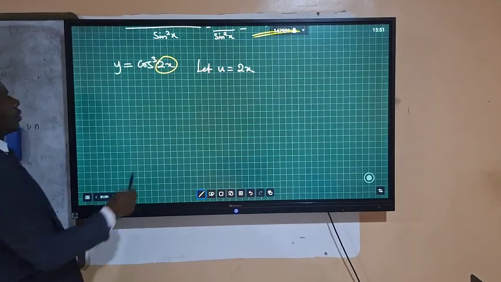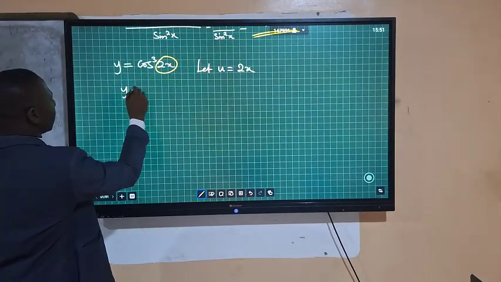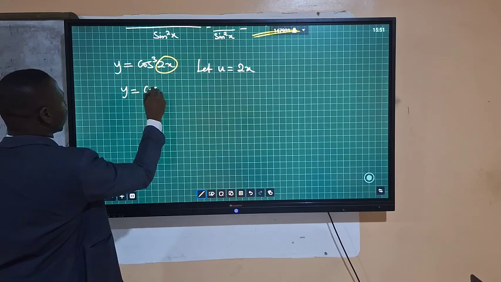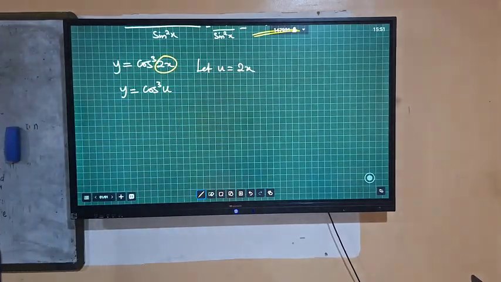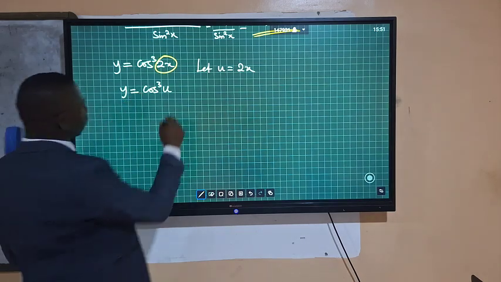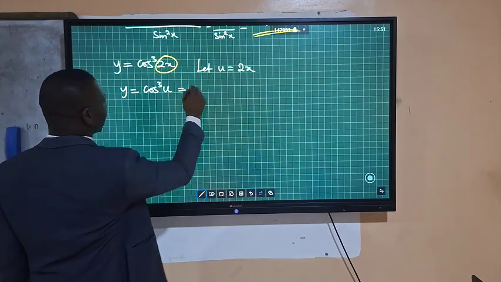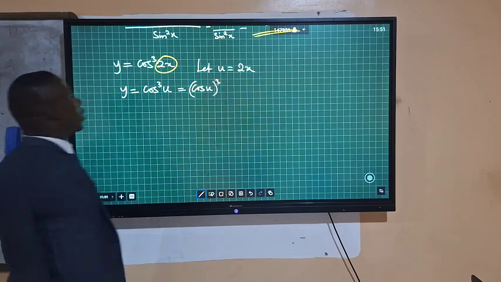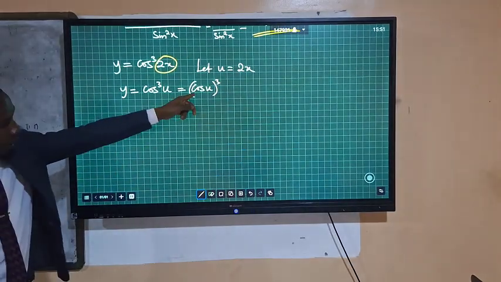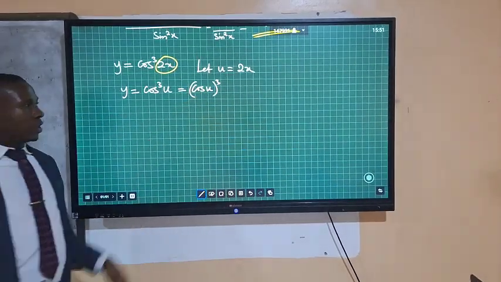Then y becomes cos cube u. This cos cube u can also be written as cos u, cubed. Let me assign a value to this.